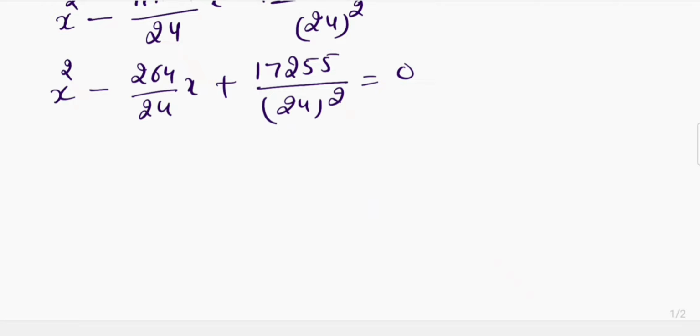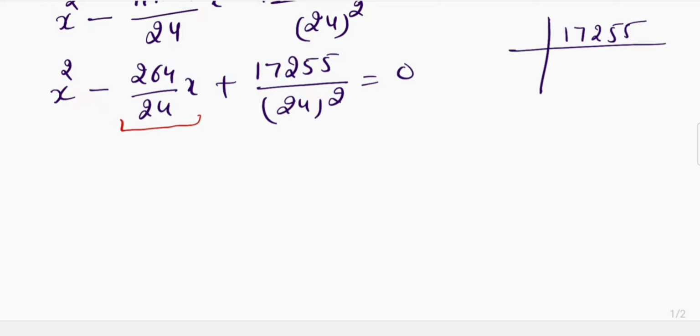Next, I will split this 264/24 into two numbers such that when I multiply them I get 17255/24², and when I add them I get 264/24. To find those numbers, I will do the prime factorization of 17255.